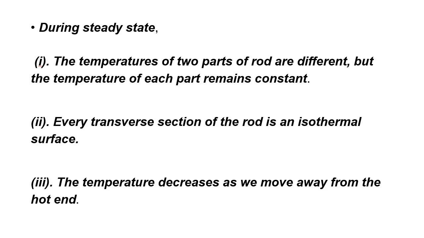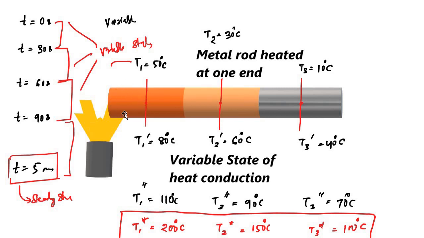That pattern you can see also here. Always the temperature of the section which is closer to the hot end is higher, and that which is far away from the hot end is lower. Here 50, 30, 10, 80, 60, 40, 110, 90, 70, and in the steady state 200, 150, 100.